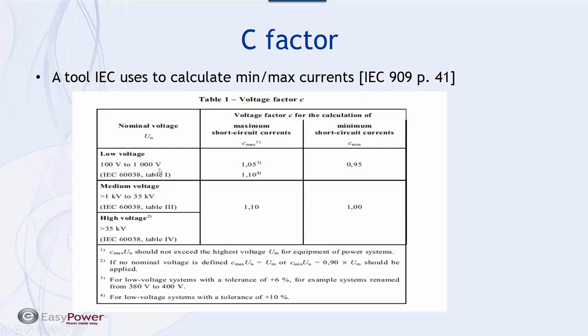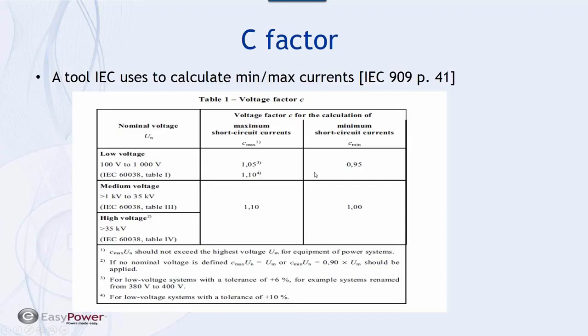Let's say from 100 volt to 1000 volt, you see a recommendation of 1.05. You see voltages larger than 1 kV to 35 kV, which is almost equivalent to what we call medium voltage. They do call it medium voltage. When I say we, I mean North American standards versus IEC. So this is called also medium voltage in IEC terminology, and high voltage is referred to as voltages higher than 35 kV, and you would see the value for both of them is 1.1.